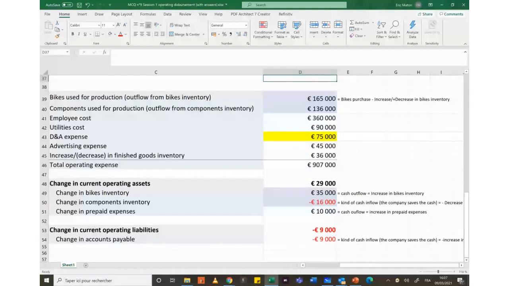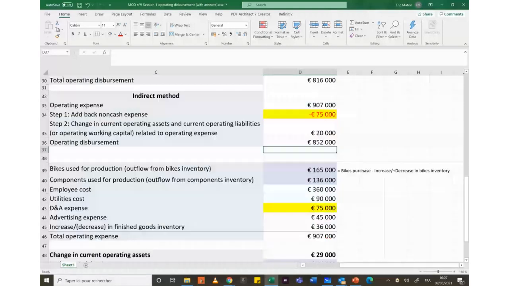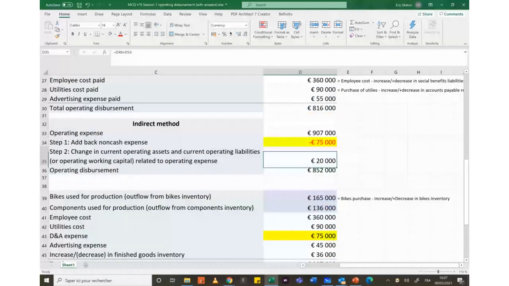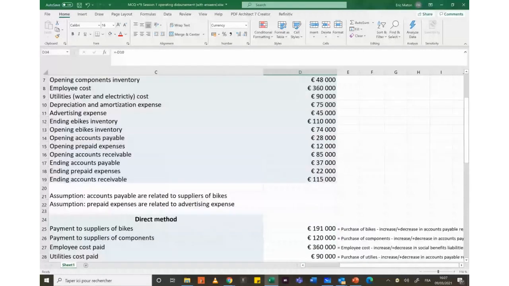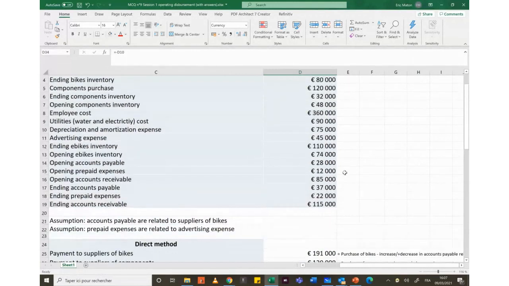I increase. So I don't understand. I will check after what I miss. Accounts payable, prepaid expenses, everything. We don't care. So accounts receivable, not relevant. Here, and accounts receivable again, I should have the not relevant.